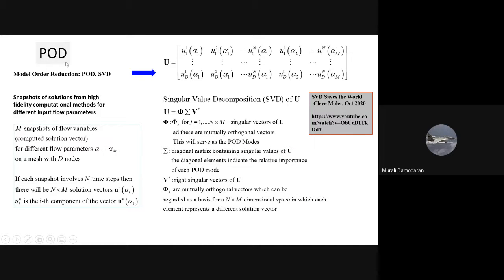The POD is strongly connected to what is called the SVD, the singular value decomposition. It's a very popular method in many fields. The idea was there many years ago, when people were developing the matrix methods and matrix decompositions, very important for various things.